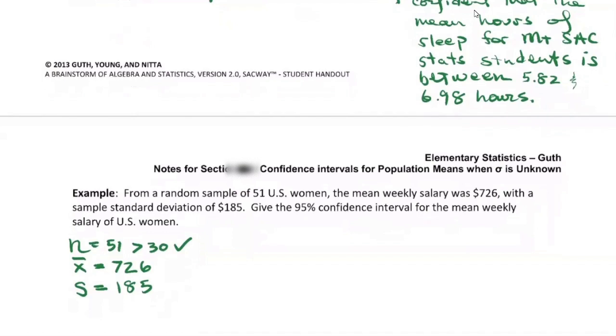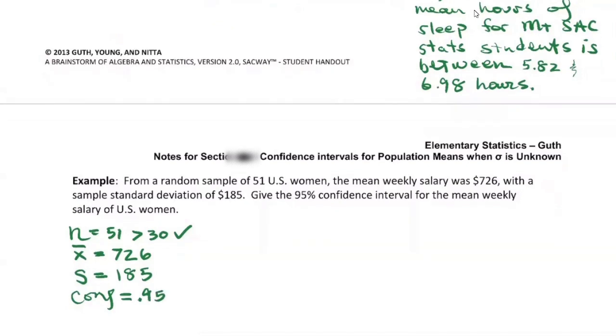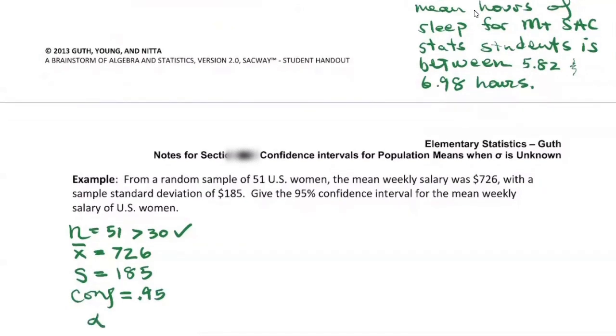All right, so the confidence is 0.95. So alpha is 0.05. Table A2. So degrees of freedom, you're going to go down to 50.